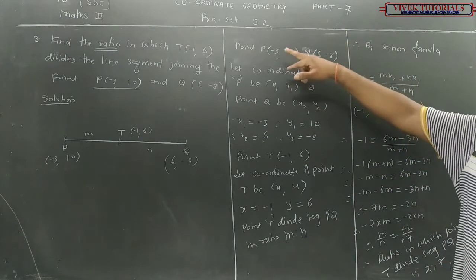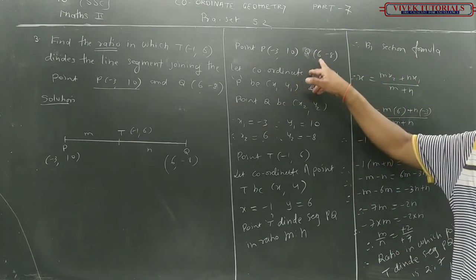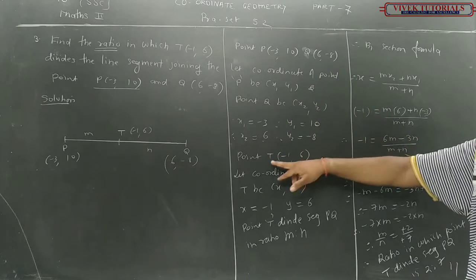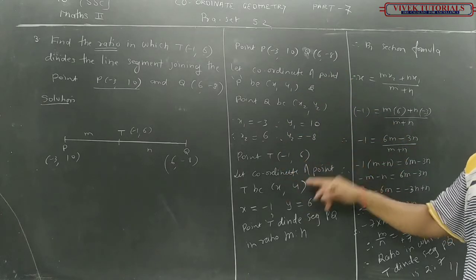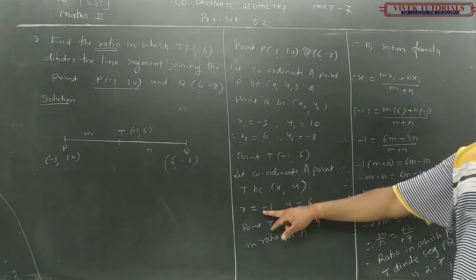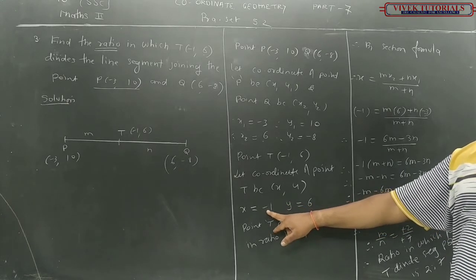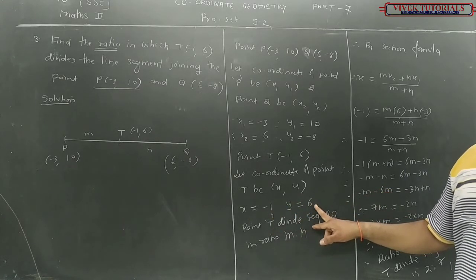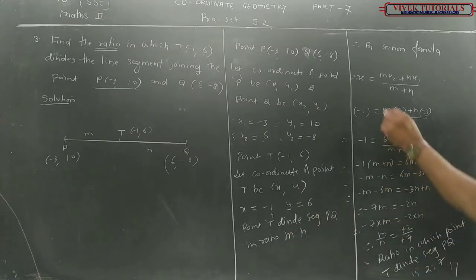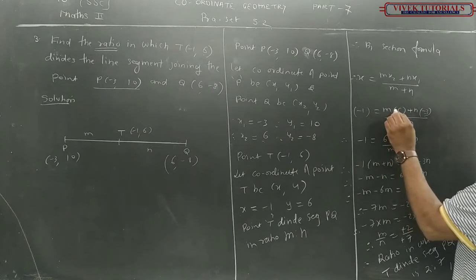For point P we take x1, y1, and for Q we take x2, y2. Point T is (x, y). So the value of x is -1 and the value of y is 6.